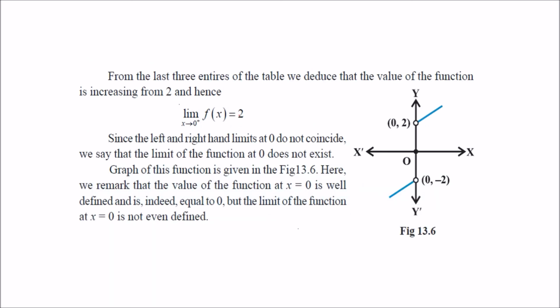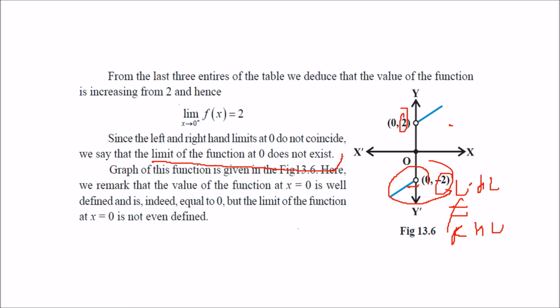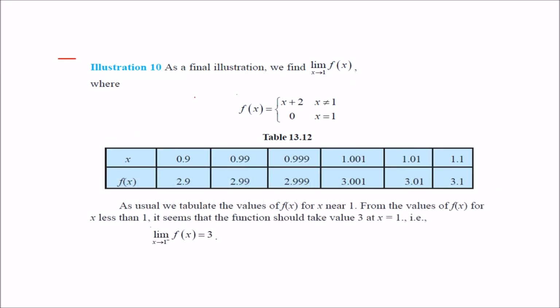And you see that at less than 0, it is giving you minus 2. Higher than 0, it is giving you plus 2. So minus 2 and 2, left hand limit is not equal to right hand limit. So the limit doesn't exist. The limit of the function at 0 does not exist, right? Because it is not a continuous function.